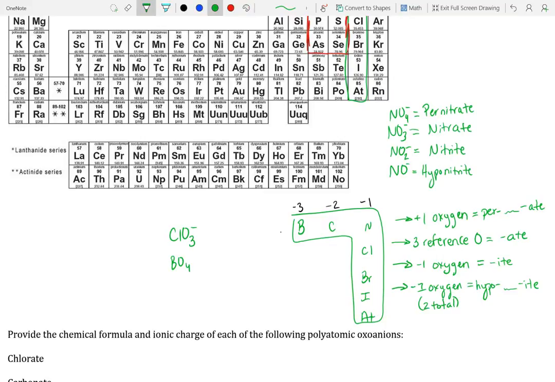So borate is inside the -3 column, so you give it a -3 charge. What about percarbonate? CO4 2 minus, because carbon's in the 2 minus group. So all those follow the same general rule with oxygens. They're all going to have the same prefix and suffix. The only thing that changes is the charge, according to the group that it's in.